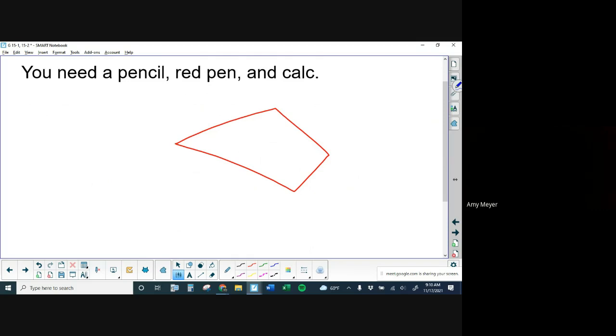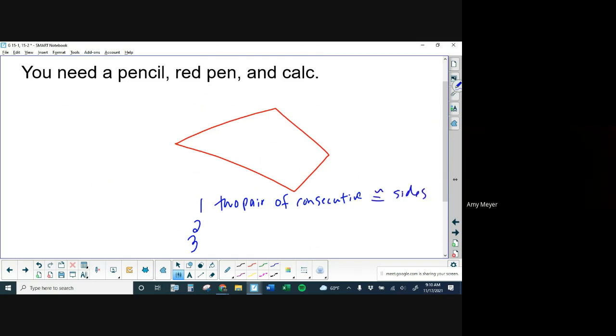It has 2 pair. Let's actually write this down. Number 1, 2 pair of consecutive congruent sides.